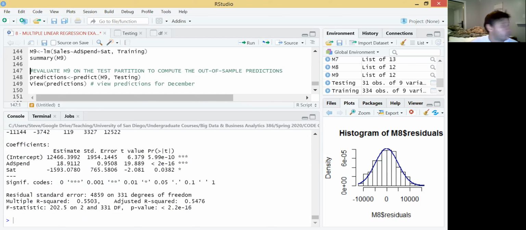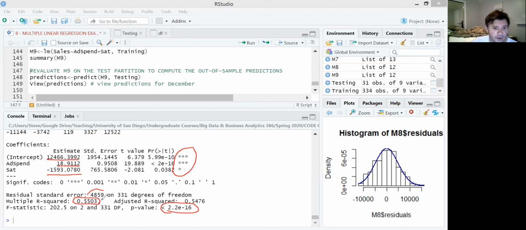Note that we're still getting some nice significant results. Our parameter estimates, our betas, are all significant. The sign on Saturday stayed the same, ad spend's about where we expected it to be, and the intercept's about where we expected it to be. We're still explaining about 55% of the variation in sales from day to day by including ad spend and that Saturday dummy, and we have jointly significant results according to the F-test here.